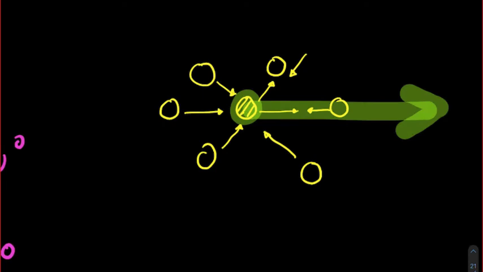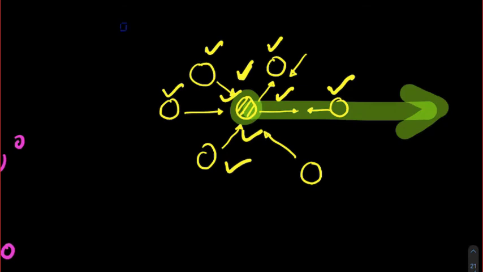Okay, so if these two are colliding, then I'm not talking about what other particles are doing and how they are colliding. Between these two I will get some angle, between these two I will get some angle, and so on.